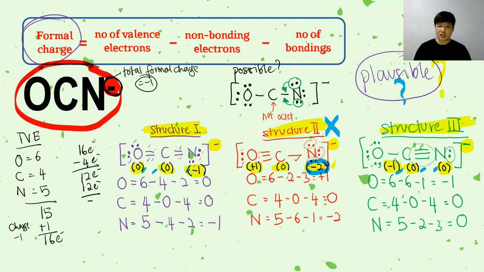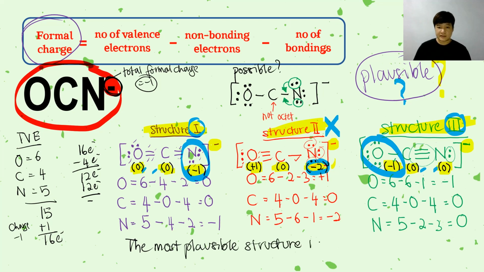Look at the negative charge. In structure 1, the negative charge is located in the nitrogen. In structure 3, the negative charge is located in the oxygen. So who should be holding the negative charge? The most plausible structure is 3. Why?